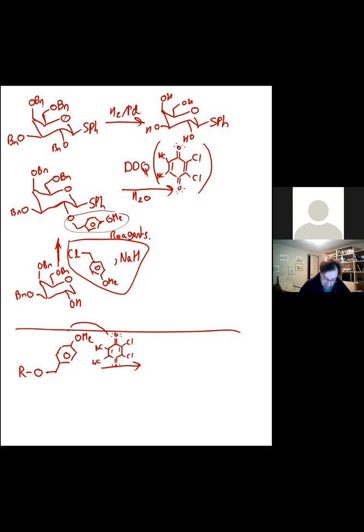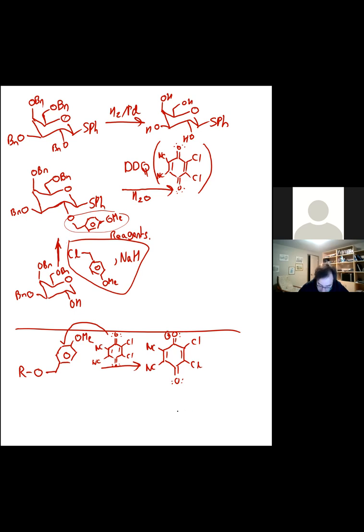A single electron transfer into the aryl ring of this system. So we suddenly put an electron into a SOMO, a singly occupied molecular orbital, and DDQ has gone positive. And this system has gone negative.